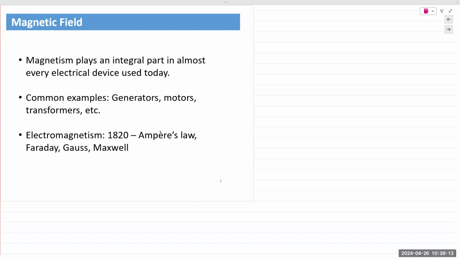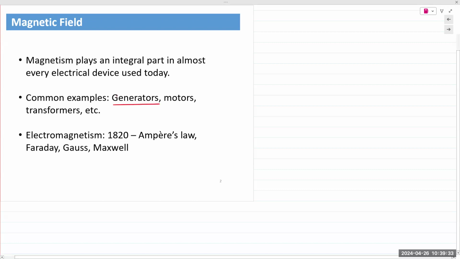A generator is a coil that rotates in the magnetic field and generates electricity. The mechanical movement of that coil can be driven by wind or water. Mechanical energy is converted into electrical energy. And that's what a generator is.